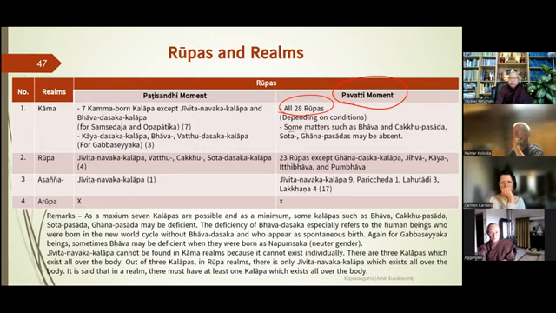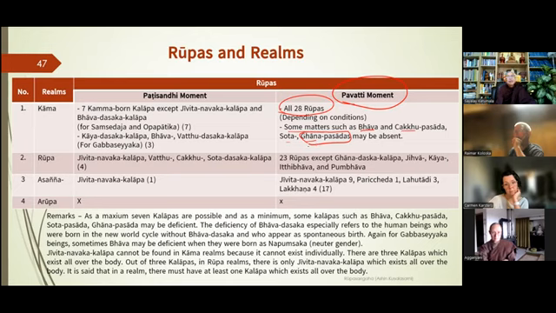Also some rupas like Bhava, Cakkhu, Sota, Ghana may be absent. Without eyes, without ears, that is, eye sensitivity, ear sensitivity, and nose sensitivity. But I have never heard of someone who is absent of Ghana Pasada.